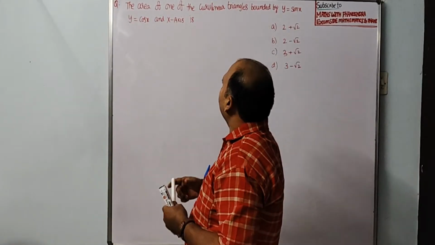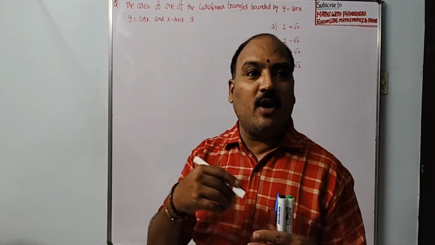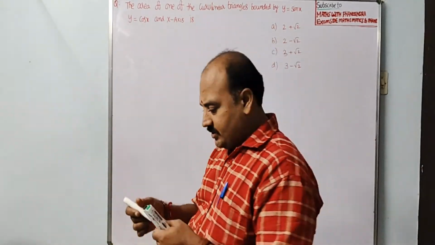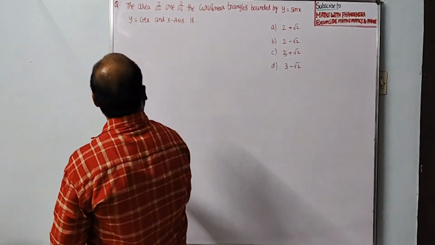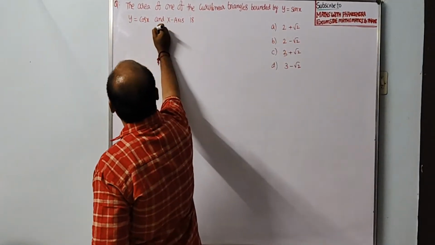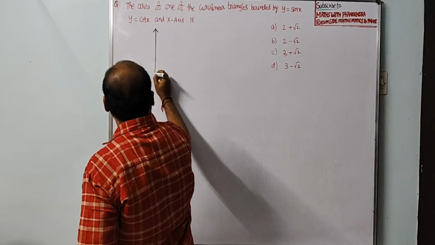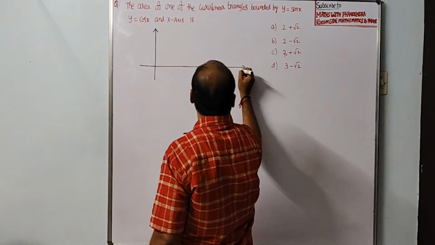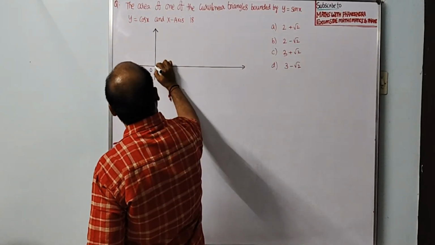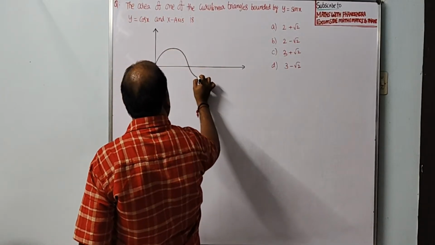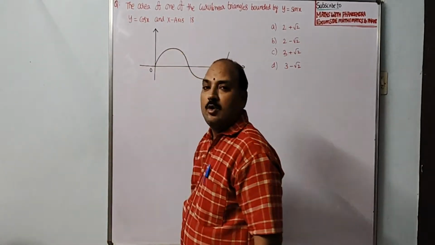So first, curvilinear triangles bounded by y is equal to sin x and y is equal to cos x. First, we draw the figure, dear students. Y is equal to sin x.